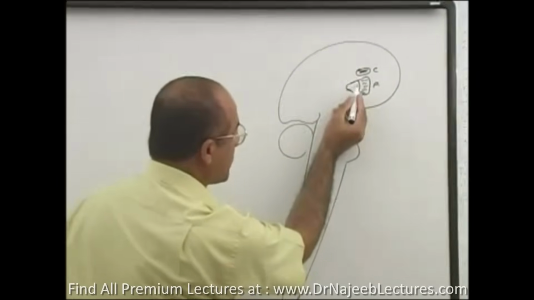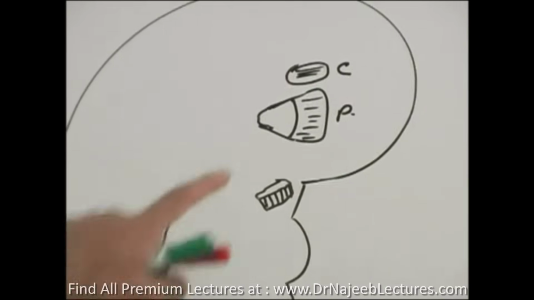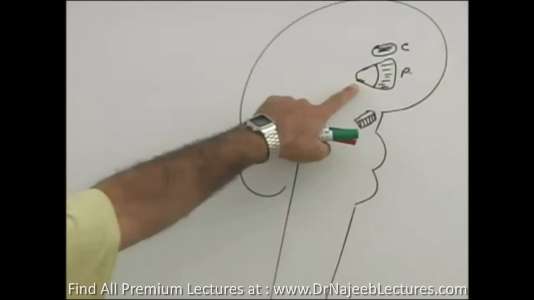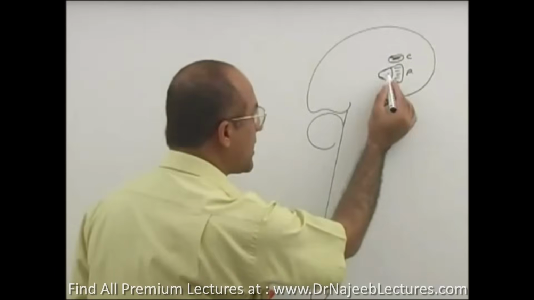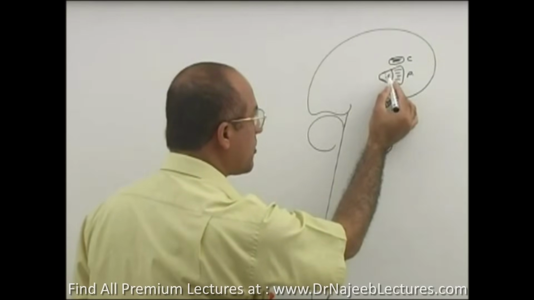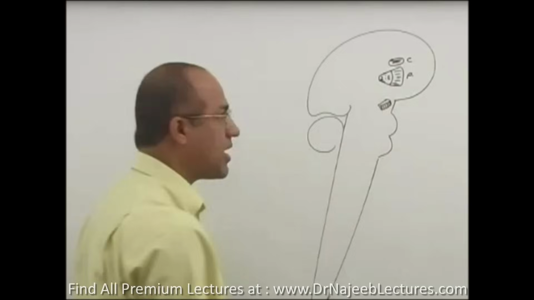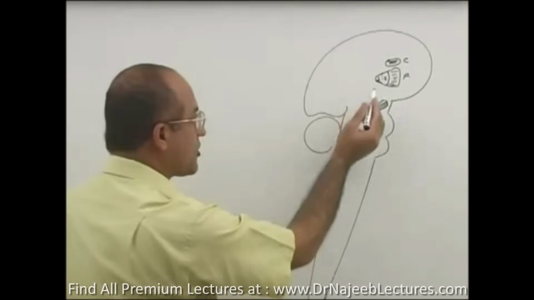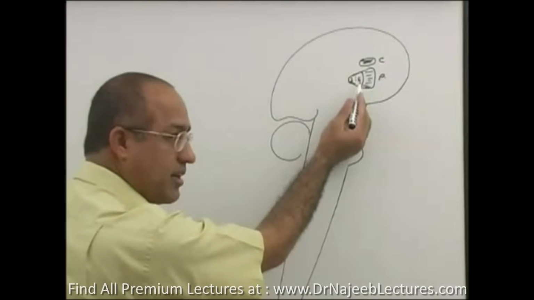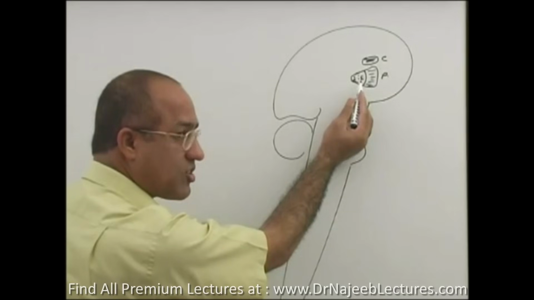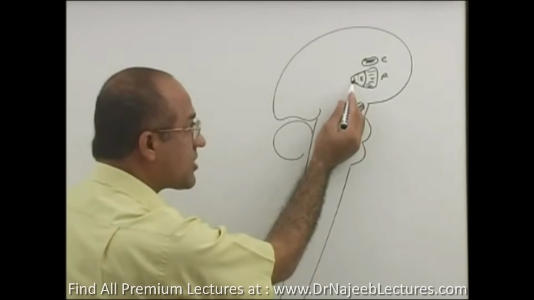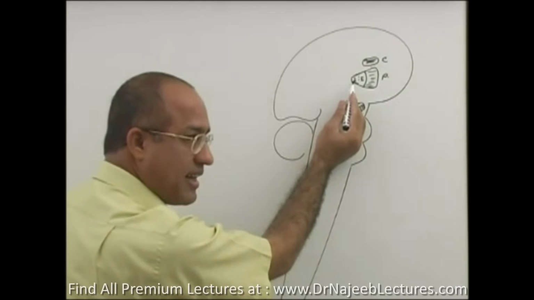Then this structure, right, this is called globus pallidus. What is this structure called? Globus pallidus. It has one outer part, the external part, and one internal part. The external part of globus pallidus is called globus pallidus externa, and this is called globus pallidus interna.